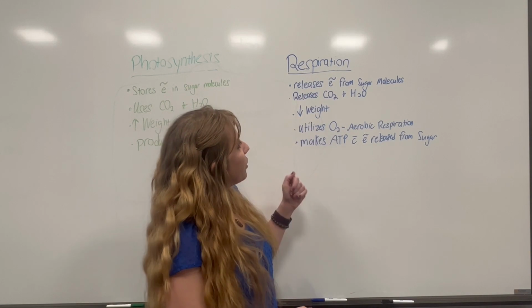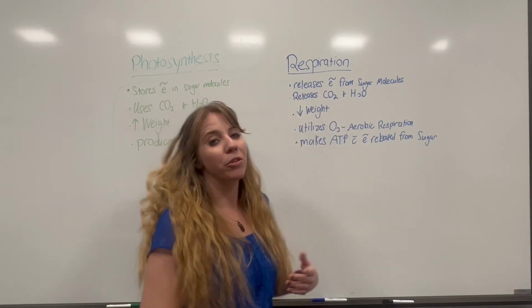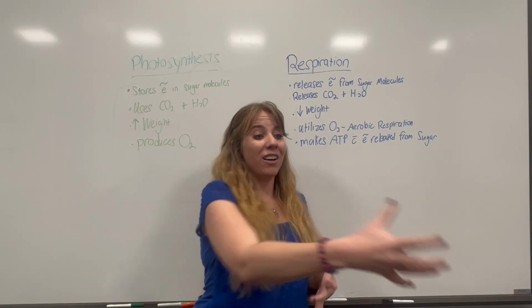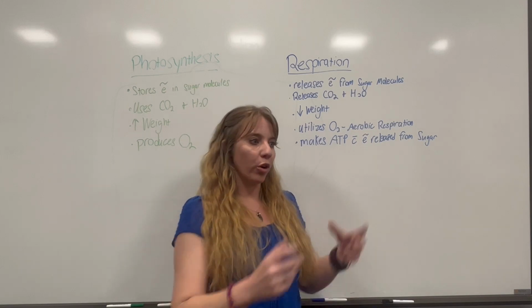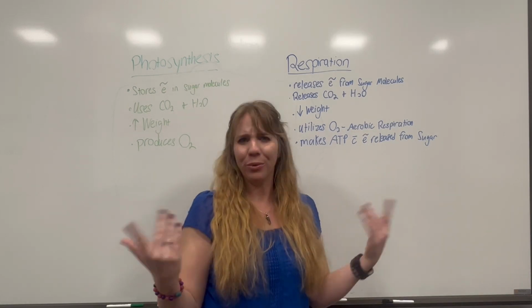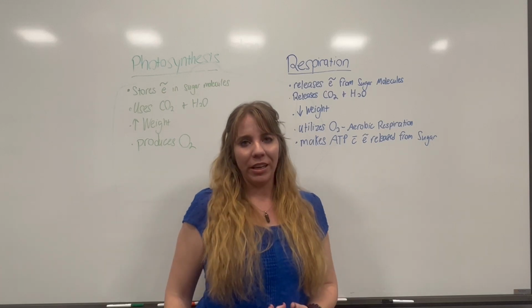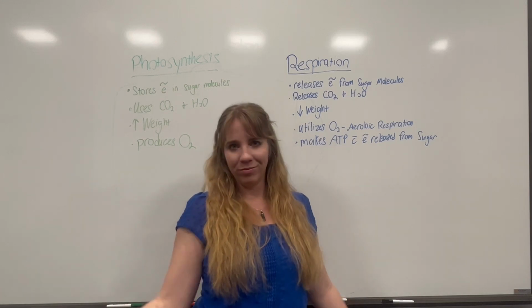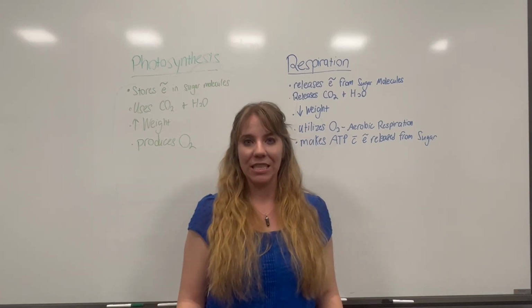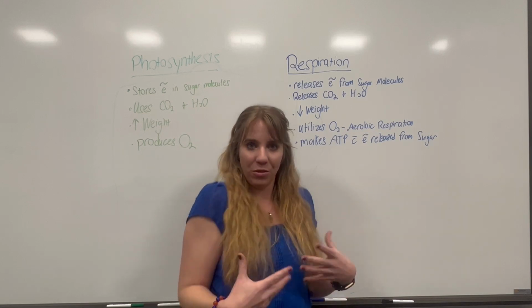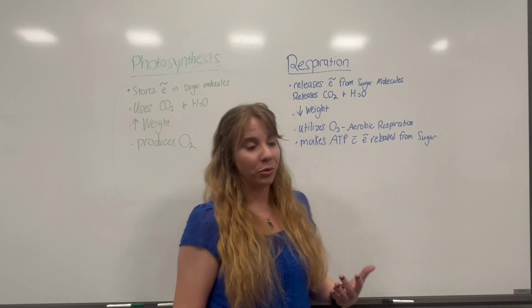Now with respiration, we're going to be releasing energy from the sugar molecules. This is us going into the bank and making a withdrawal. We're going to be using that glucose for whatever we need, if we want to blink our eye or walk, but when it comes to plants, it's different. Are we going to do meiosis, or whatever the case is? Now we have some sugar and some energy we're able to use.